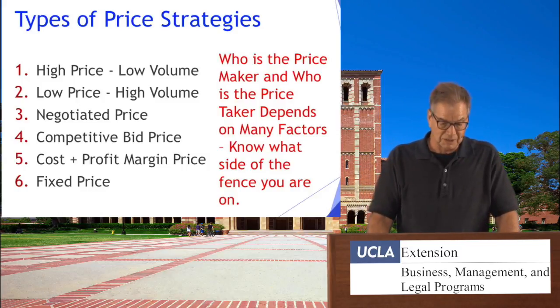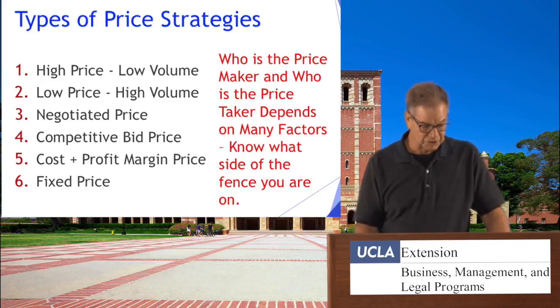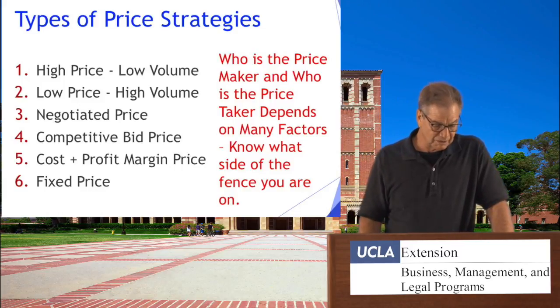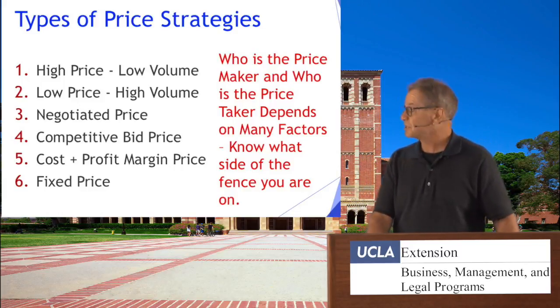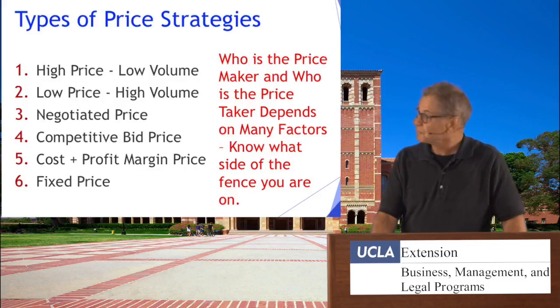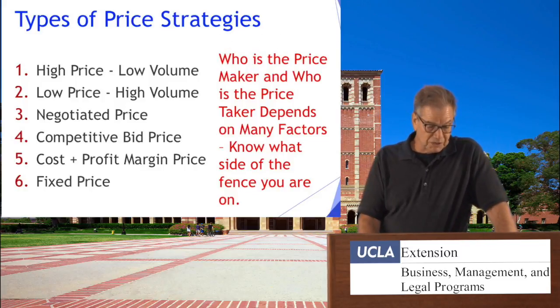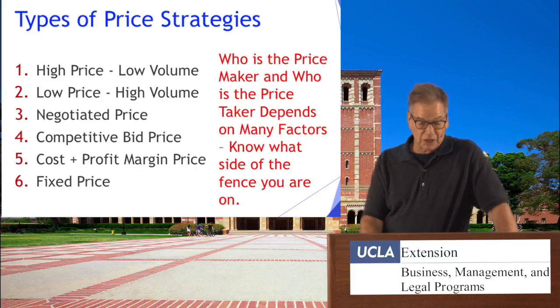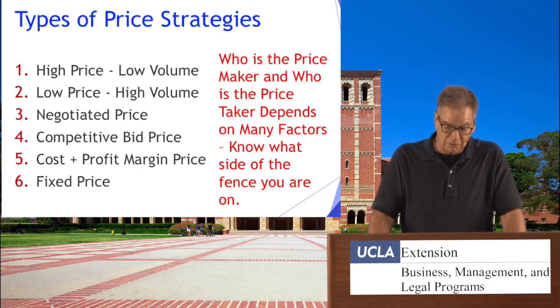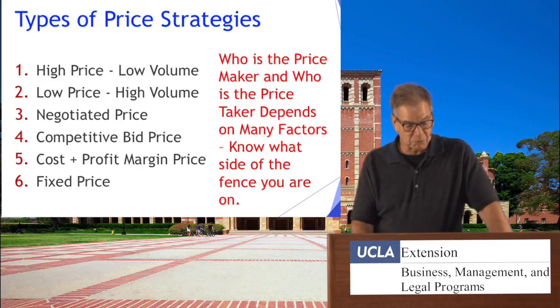Let's talk about the types of price strategy. We have outlined here six types of price strategy: high price, low volume; low price, high volume; negotiated price; competitive bid price; cost plus profit margin price; and fixed price.